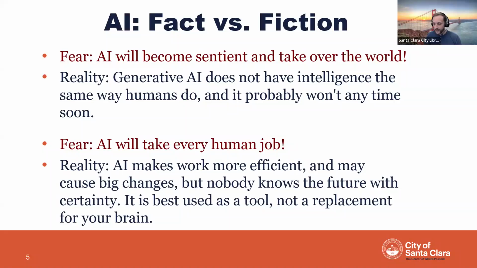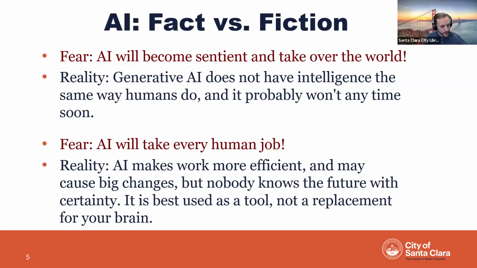And again, anything that you hear people speculating about, you should meet with a healthy skepticism. Don't take it as the gospel truth when someone says, AI is definitely going to do this, AI is definitely going to do that. I started with these two fears because they're things that I hear the most, I would say.